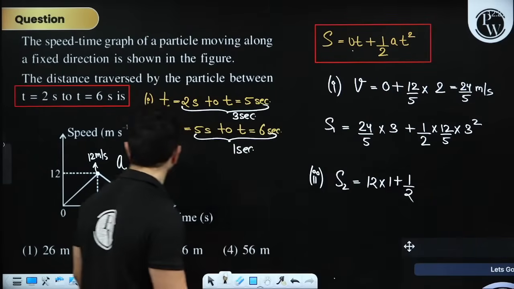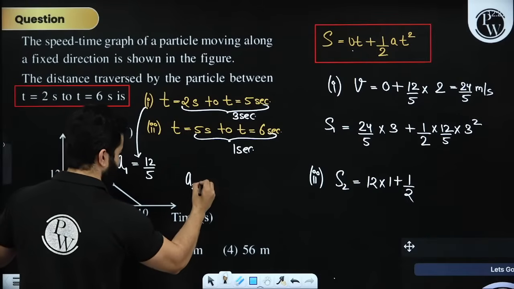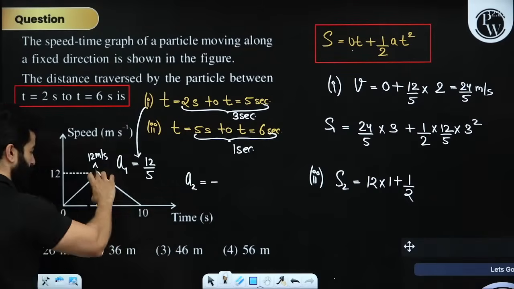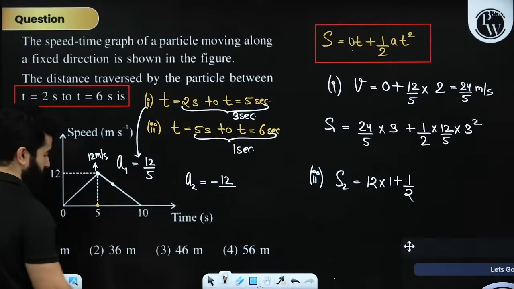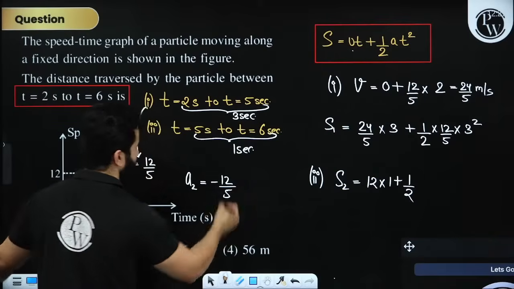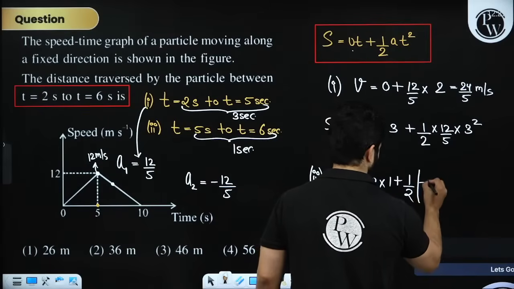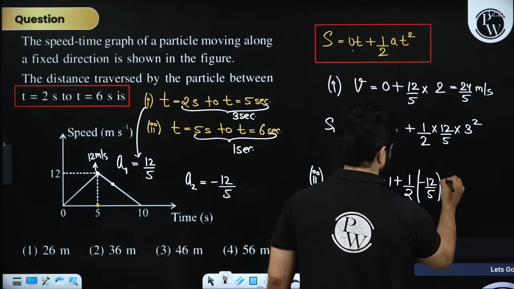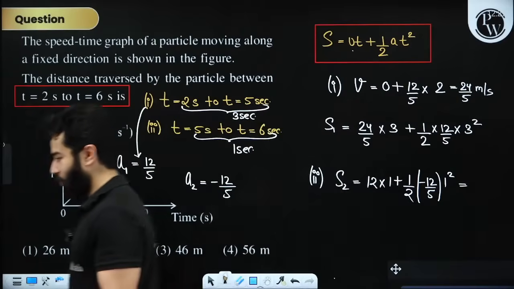Now pay attention, acceleration will be different over here, because in the second interval it will be negative, and the change in velocity is 12 and time is actually 5. So the magnitude is the same, but the direction is different. We are going to use a minus sign. So minus a into t square. Now find this distance traveled, and this is going to be your answer.